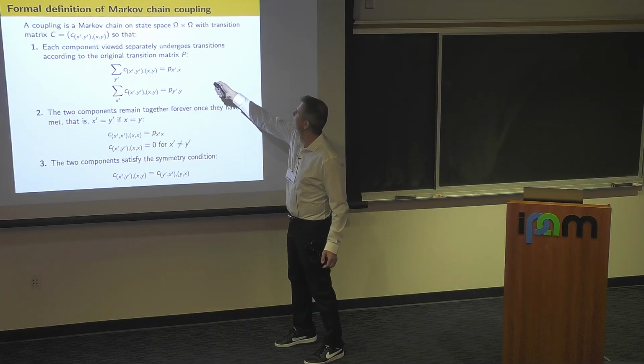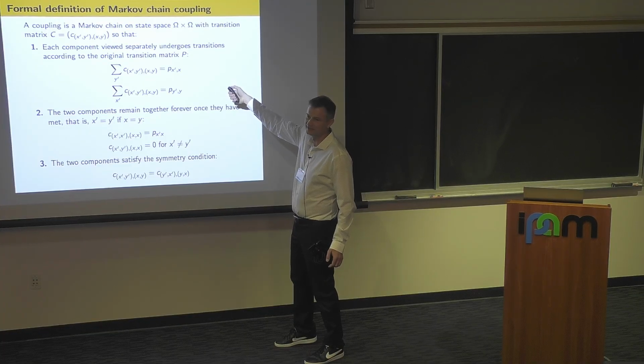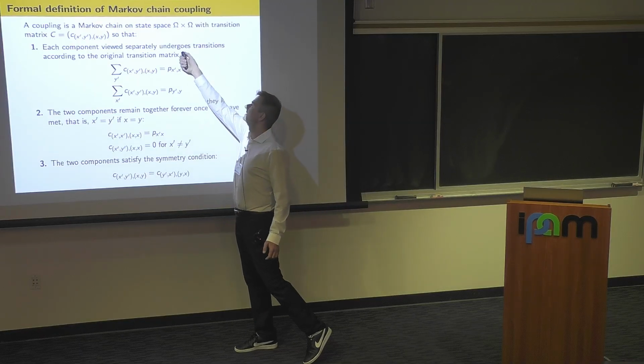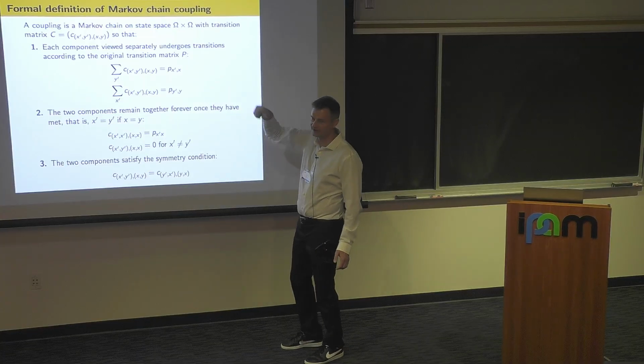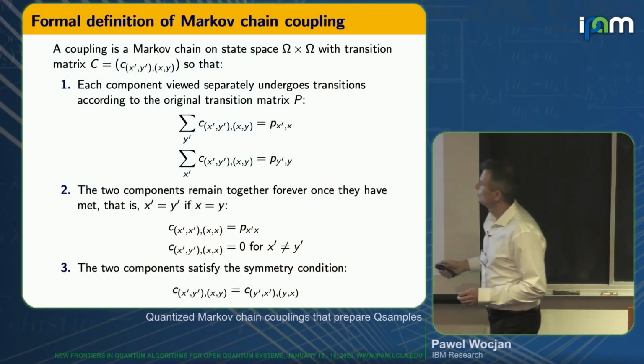Here we have omega times omega. So please don't confuse this with a two-dimensional grid that we had on the previous slide, because omega is the state space, and the state space of the Markov chain in the previous slide is the grid.